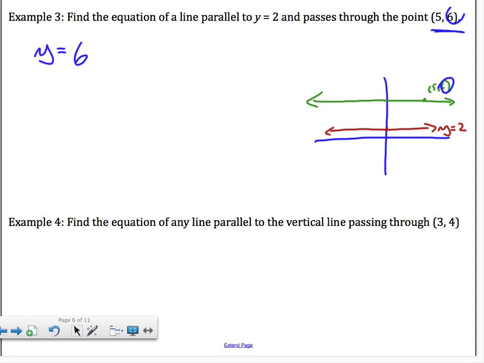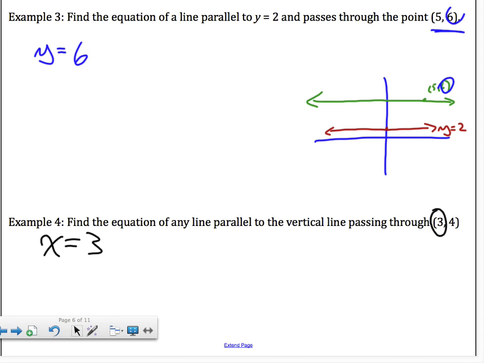Yeah, so it's going to be x equals something, because no matter what the y value is, it's that same x value. So here it's going to be x equals 3.